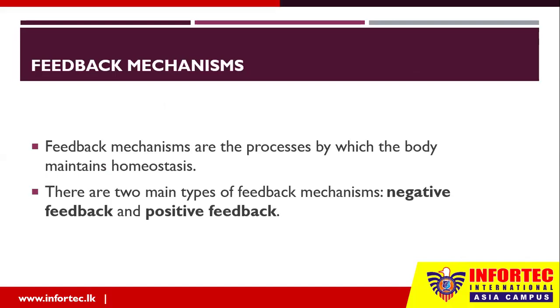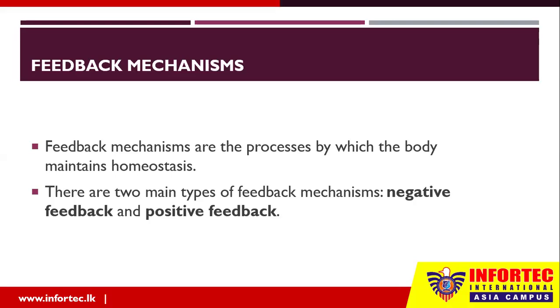So in this homeostatic system, there are key components, right? One is the stimulus, right? It means there should be a change in the environment. Then the receptor should be there. It means it detects the change, maybe skin, maybe temperature sensors, right? Then there should be a control center. This control center processes the information, for example, the brain.